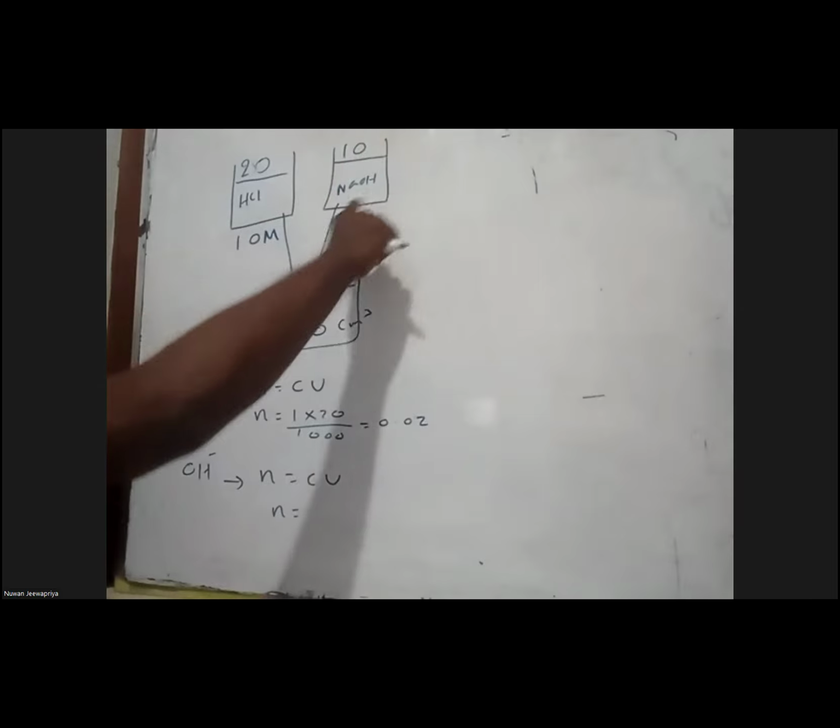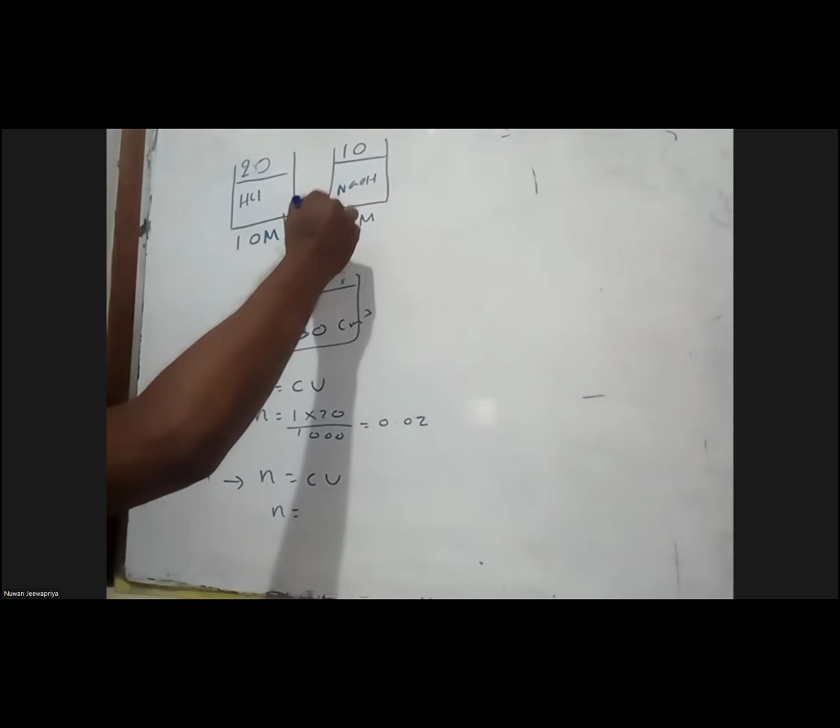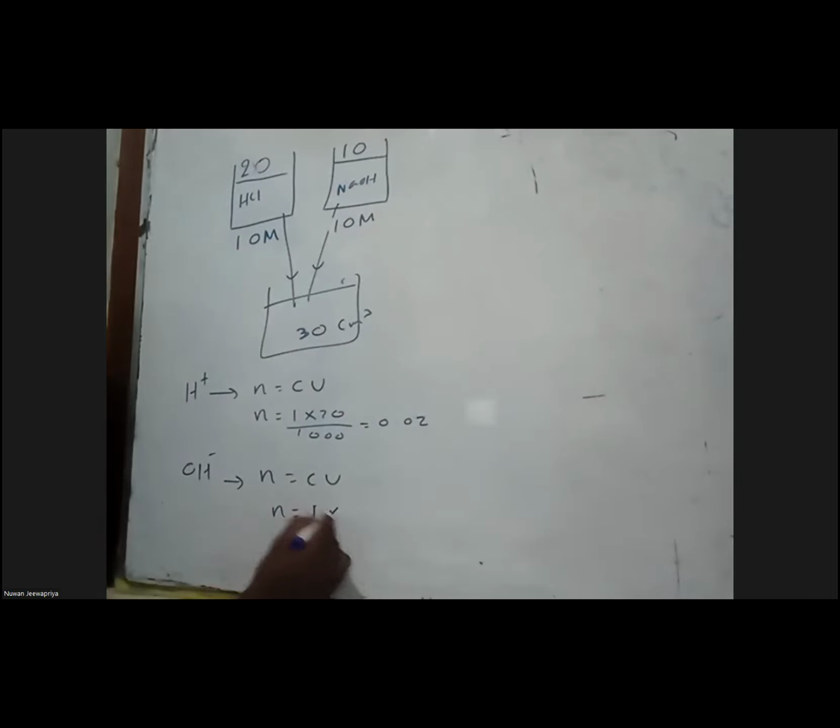The next one is how much OH minus there is. n is equal to cV, right? The concentration of sodium hydroxide is 1 mol per dm³, volume is 10, so divide by 1000. That is 0.01.